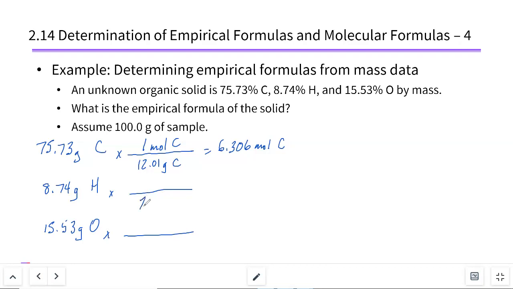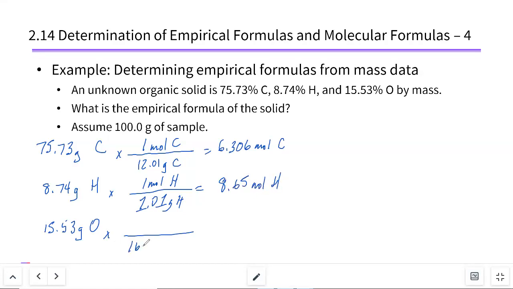For hydrogen, 1.01 grams of hydrogen in every mole of hydrogen. 8.74 divided by 1.01 will give me 8.65 moles of hydrogen.